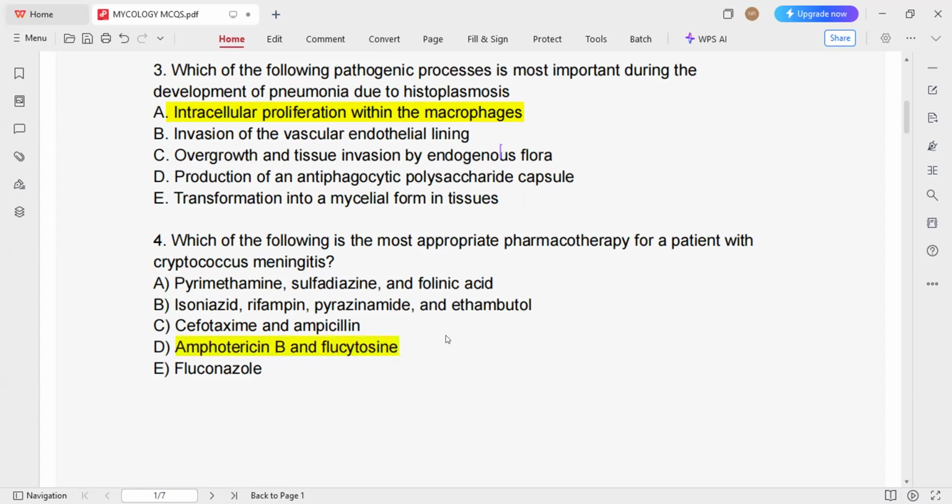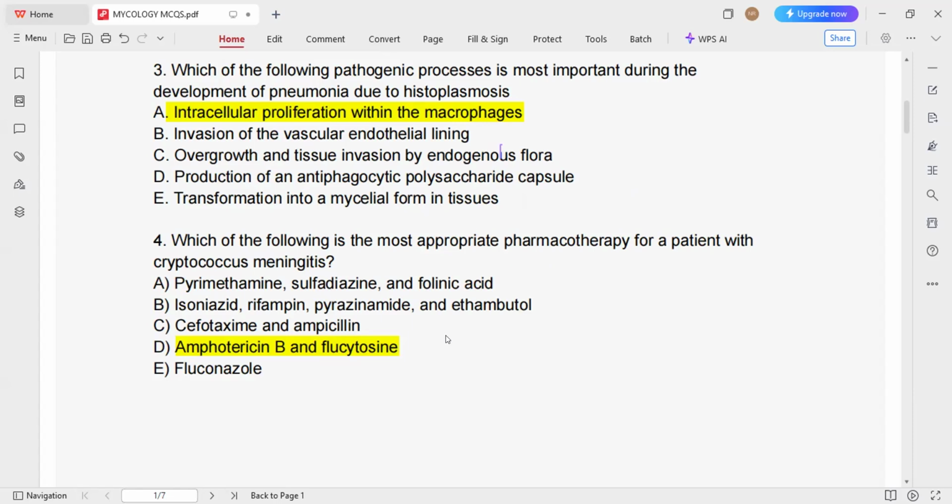So there's a protocol on how we treat patients with Cryptococcus meningitis. But remember, you cannot just get cryptococcal meningitis. It is only seen in immunocompromised individuals, mostly patients with HIV and AIDS because their immune system is very weak.